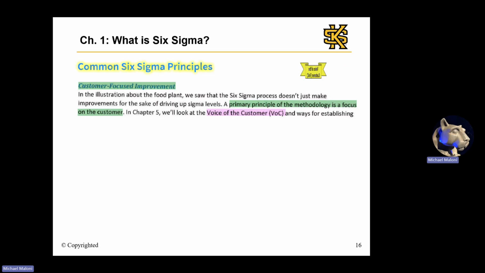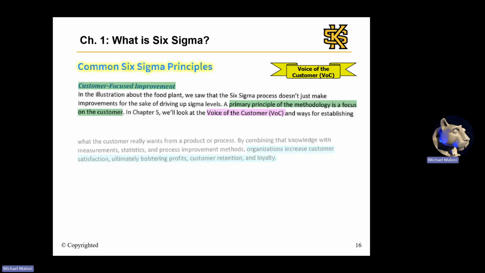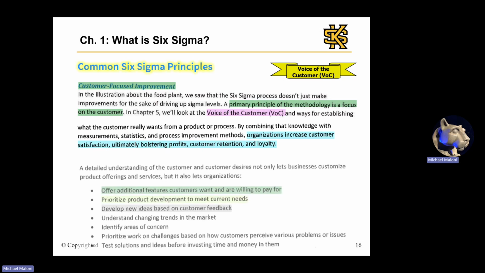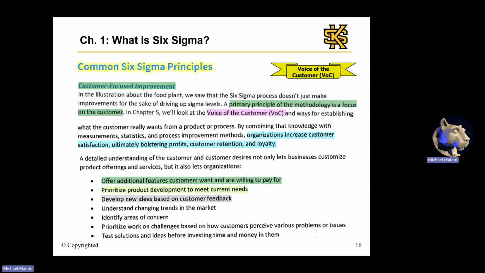And then we meet these expectations over and over again in order to maximize customer satisfaction, as well as promote loyalty and retention. And then the voice of the customer can also point to additional features that customers are willing to pay for and prioritize the development of products and services, including new ideas.